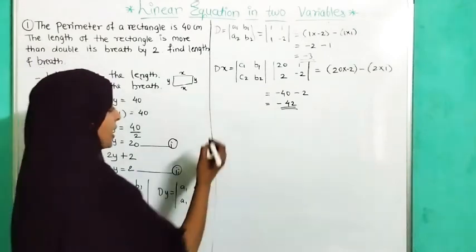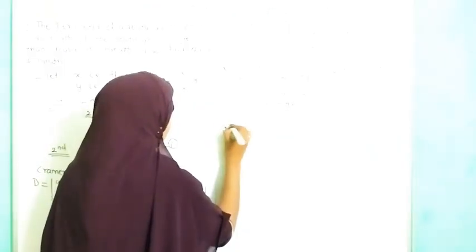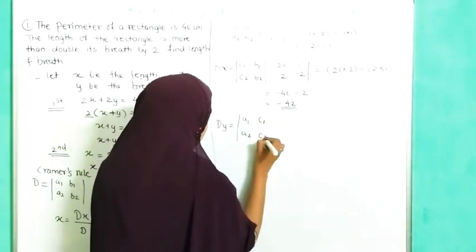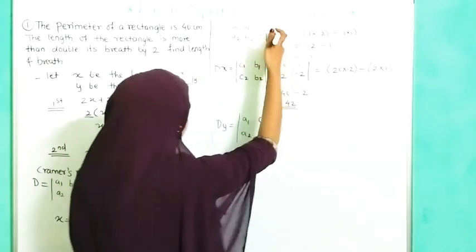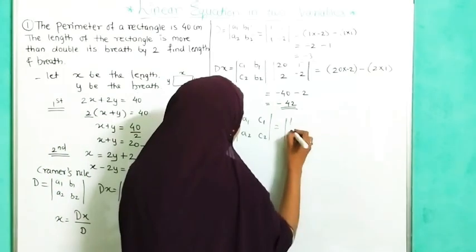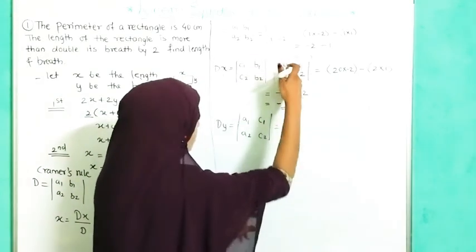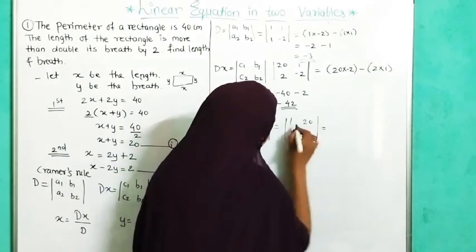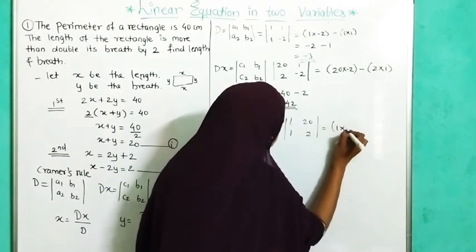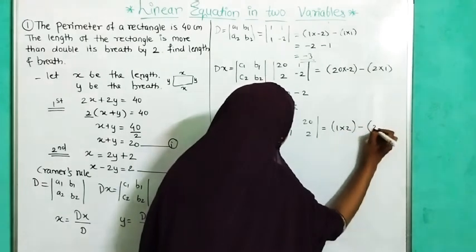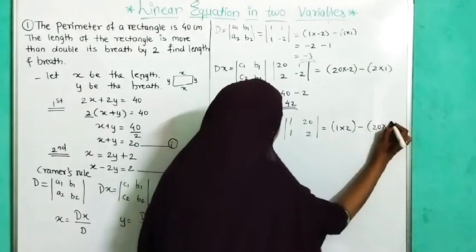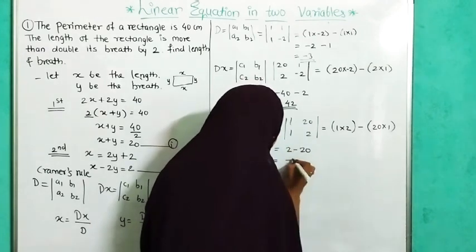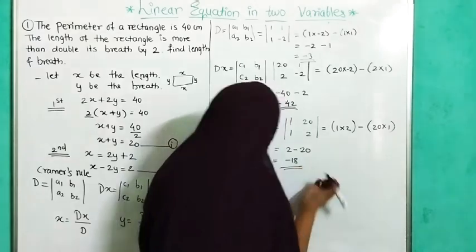Next, Dy. Dy is equal to the determinant of A1, A2, C1, C2, which is 1, 1, 20 and 2. So 1 into 2 minus 20 into 1, so 2 minus 20 is equal to minus 18.